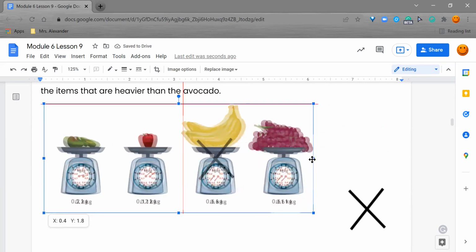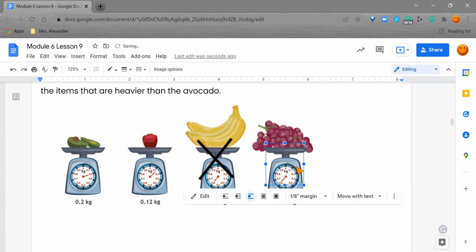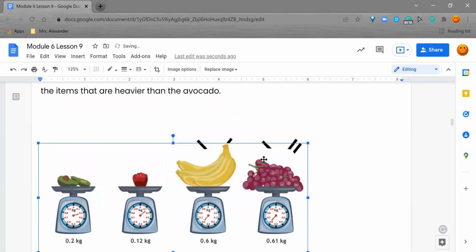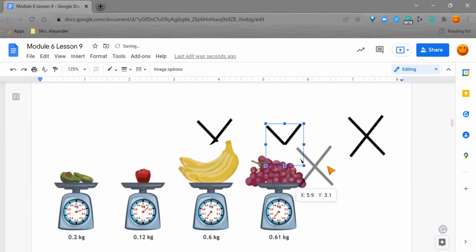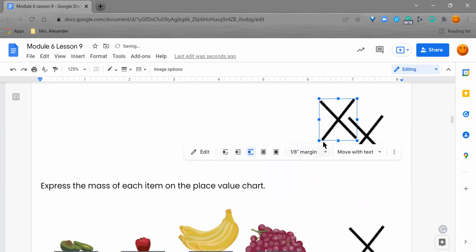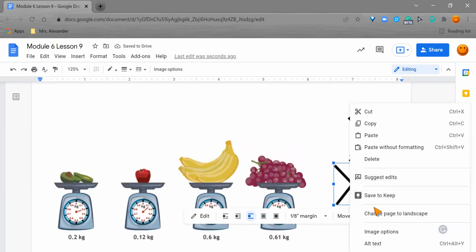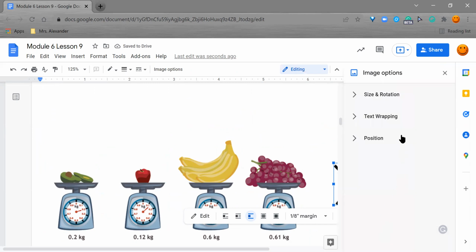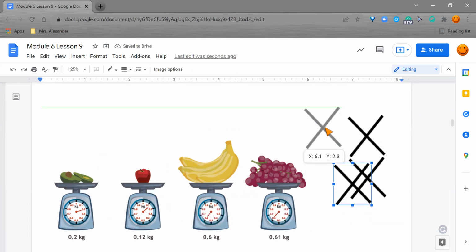Oops. I lost an X, you guys. Okay. They're both right there. So I'm going to move them over. Okay, image options, text wrapping. We want them in front. Okay, that's that one.